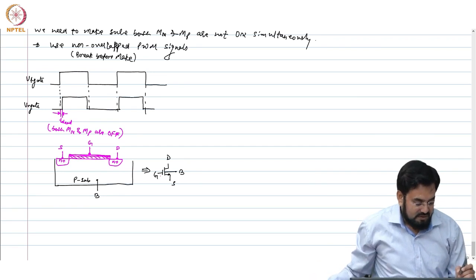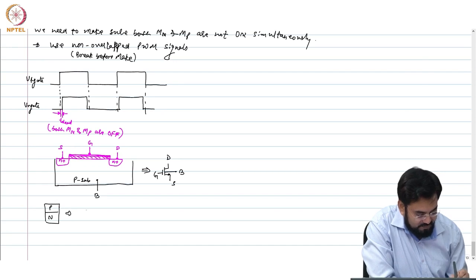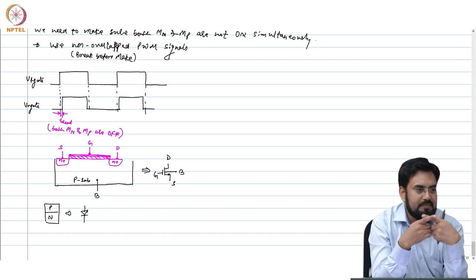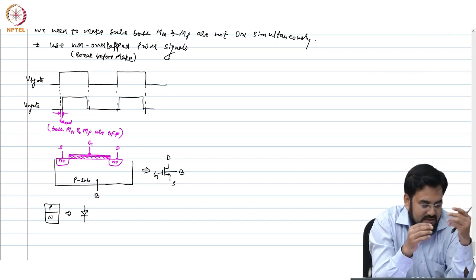So what is diode? This is your diode. So wherever P-type diffusion and N-type diffusion meets, that will form a diode.